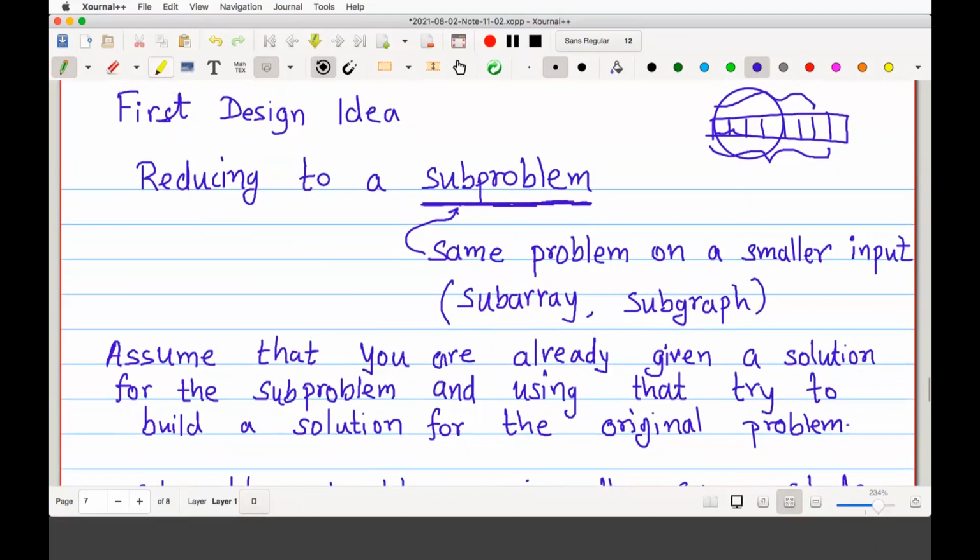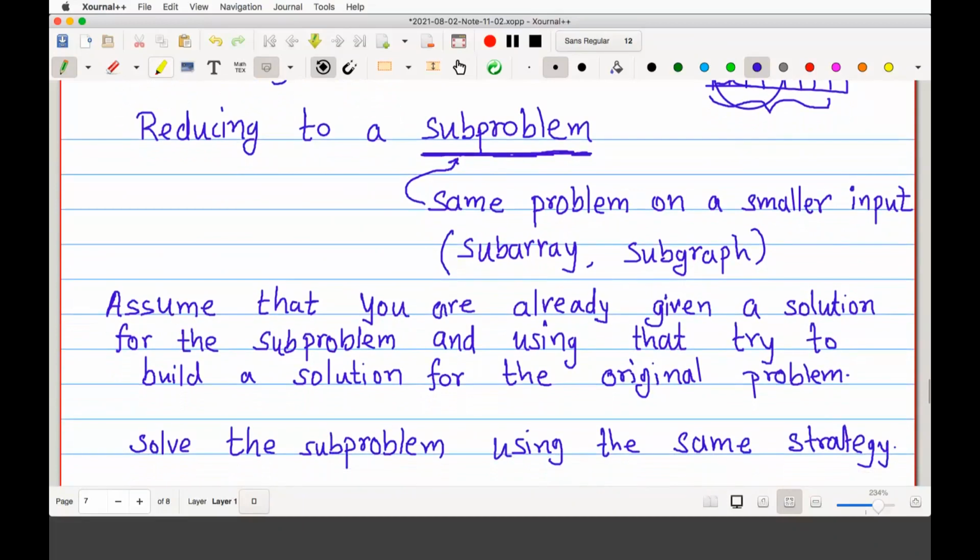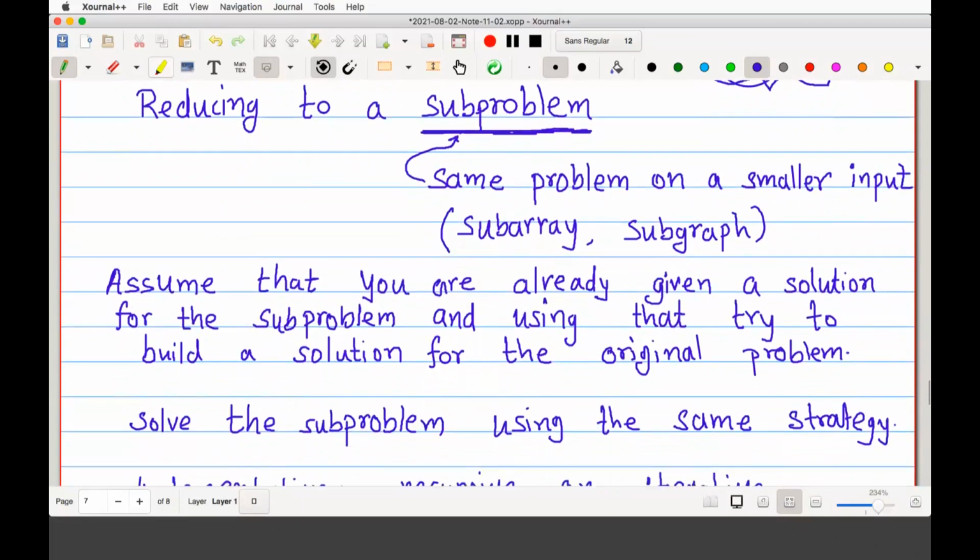Suppose you succeed in this, then you come to the question of how to really solve that subproblem. No one will really give you a solution for it; we just assume that the subproblem is solved. But the idea would be to solve the subproblem using the same strategy again.